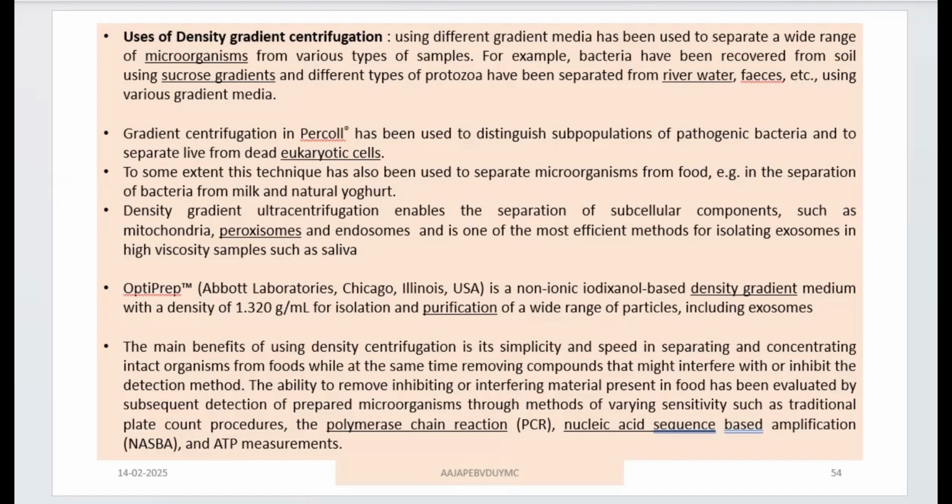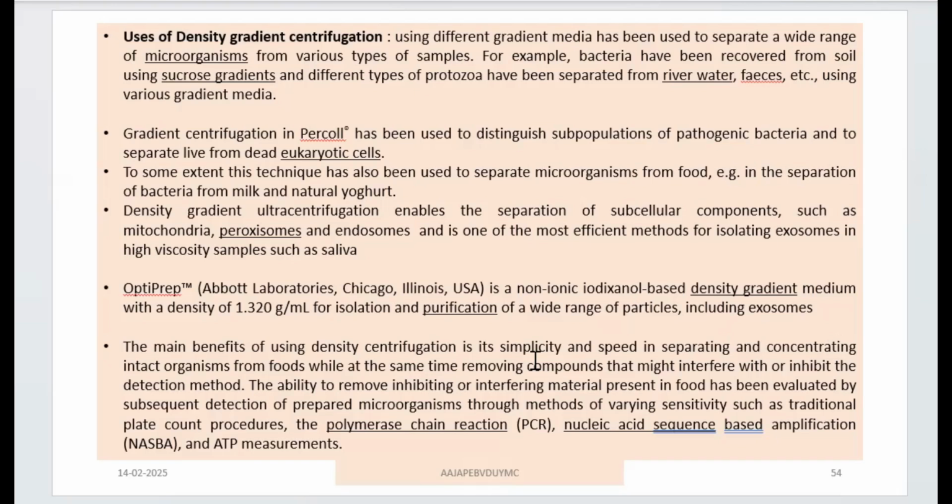At the same time, you can remove the compounds that might interfere or inhibit the detection methods. So there is the ability to remove inhibiting or interfering material present in food, which can then be evaluated by further techniques. That means when you do centrifugation by density gradient, all other unwanted contaminating materials will get removed.